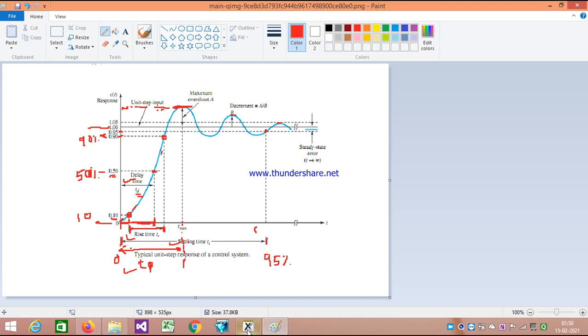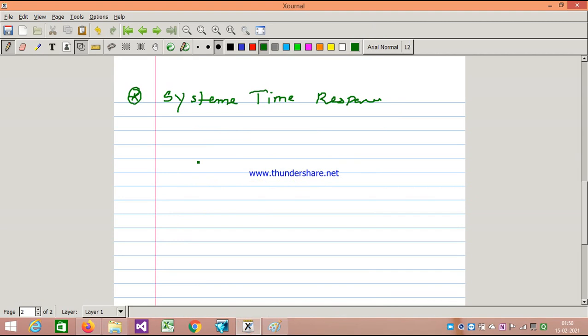I'm just writing here. What is the maximum overshoot? Maximum overshoot is the ratio between the maximum value of step excited output to the final value.